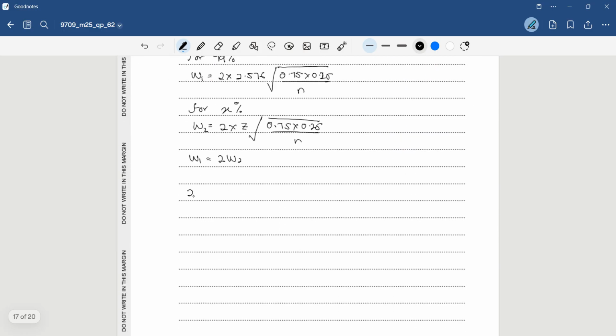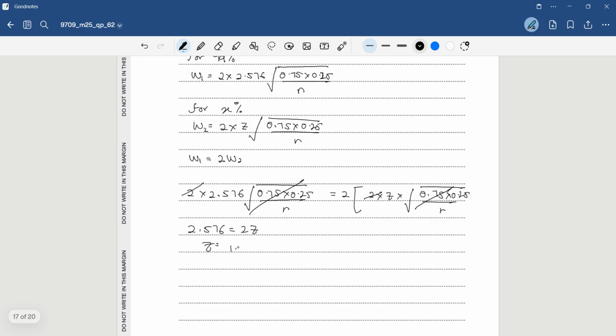So it's going to be 2 times 2.576 times the square root of 0.75 times 0.25 over n is equal to 2 times width number 2, which is 2 times z times the square root of 0.75 times 0.25 over n. So I can cancel this, cancel this, cancel this. Therefore, 2.576 equals 2z, where my z is equal to 1.288.